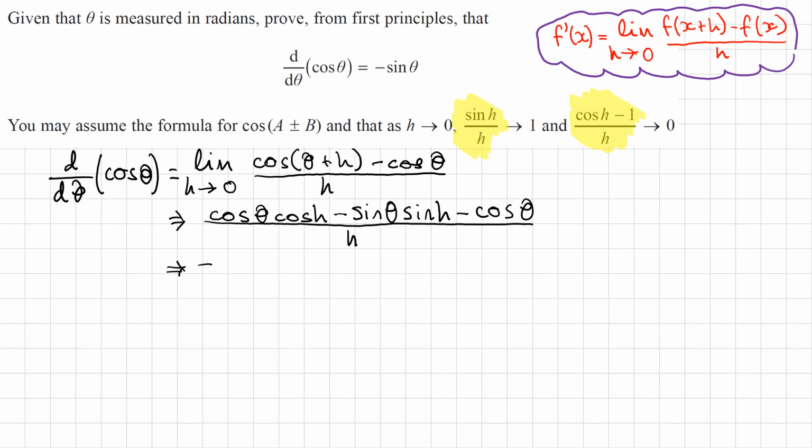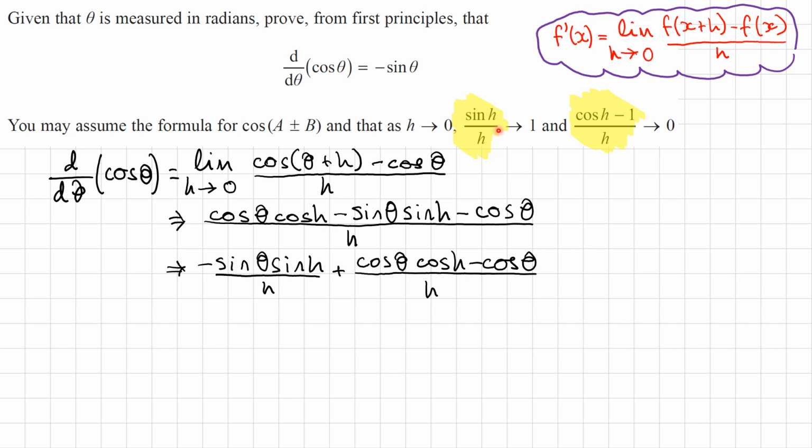So let's write minus sine theta sine h over h. Okay, so that's all my sine terms put together, and then plus cos theta cos h minus cos theta all over h. So I've split them up, put the terms together.